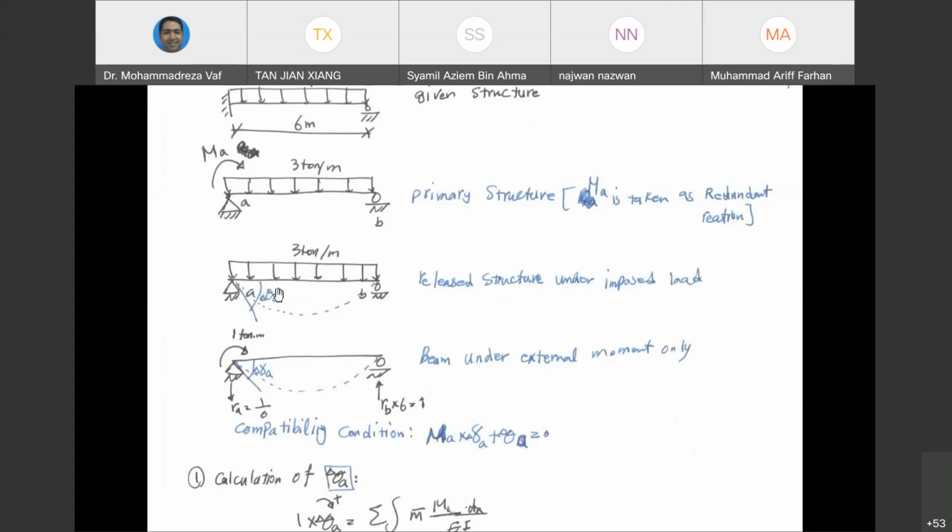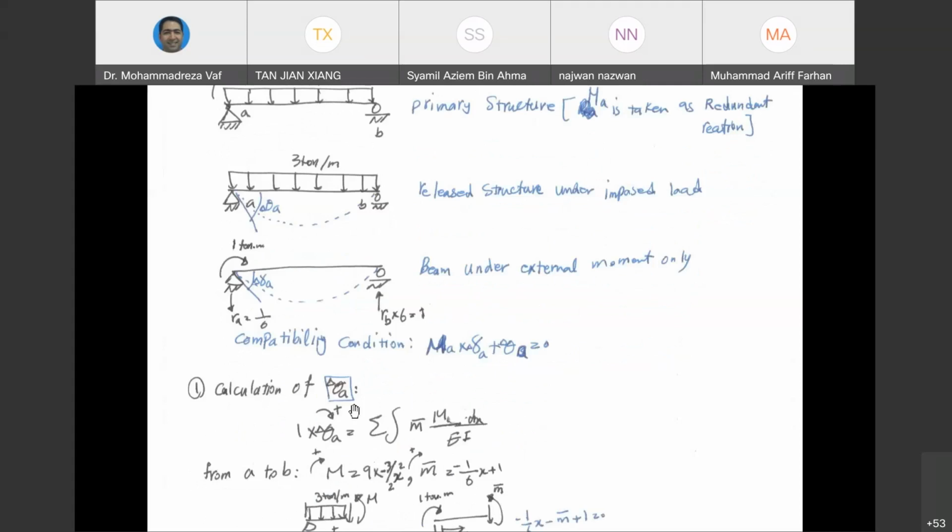So our job is to calculate right now theta A and gamma A, meaning the rotation. Since we want to calculate rotation, we use the equation that we got for rotation before this. It was exactly similar to the equation that we got for deflection. The only difference is that we have here theta A. So in this structure, we need to see how much is theta A, and in the second structure, we need to know how much is gamma A.